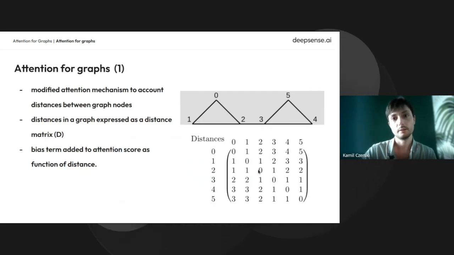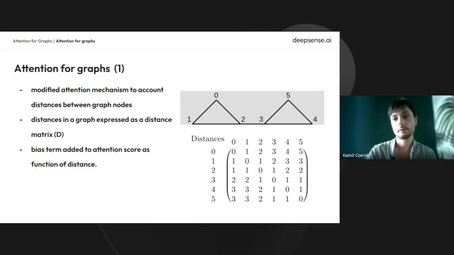And the first thing you notice when you try to apply attention is that attention does not have any positional information at all. You need to somehow modify this mechanism to make it aware of distances. And for graphs, these distances are crucial. Each node has some features coded there, but this distance information is very useful.